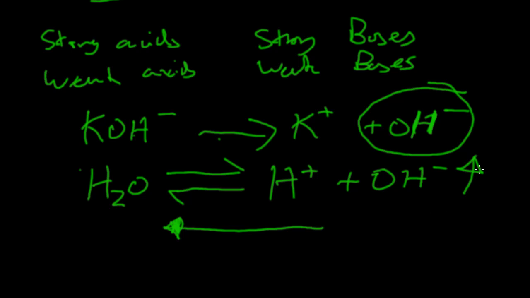Because we've disturbed the system, we've added OH-, that means more OH- are going to run into H+, so we're going to get less H+ and more H2O, although we won't really notice a small increase in the number of water molecules in a big container of water molecules.